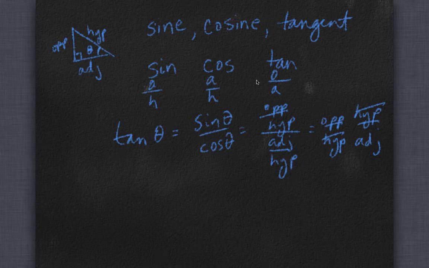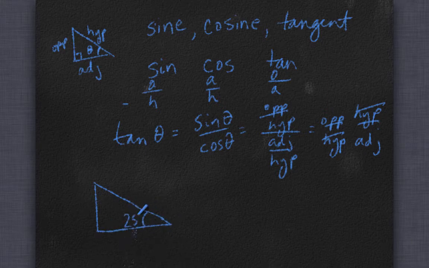But we can use this then sometimes to solve for a side using our calculator, which has the sine, cosine, tangent function. So if I had, for example, that this was 25 degrees, and I knew that this side was 7.